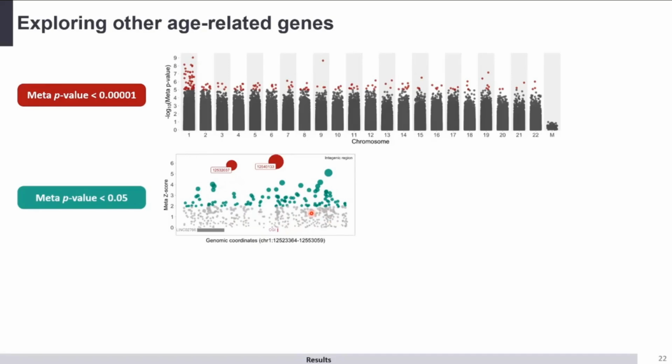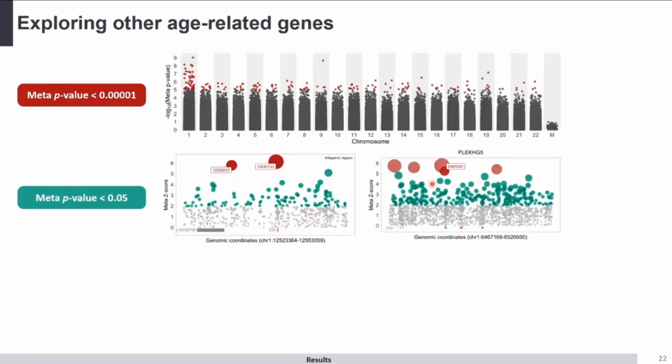Notably, we observed 5 CpG sites within the PLEKHG5 gene that demonstrated a high degree of association with age, marked in red color. There are also 5 CpG sites present in this gene, but only one significant CpG site was located within the CpG island.